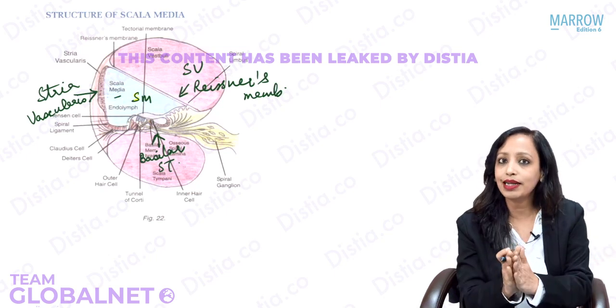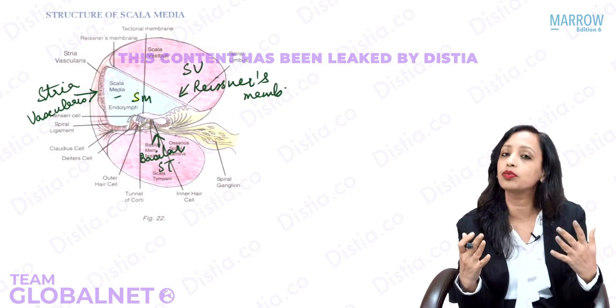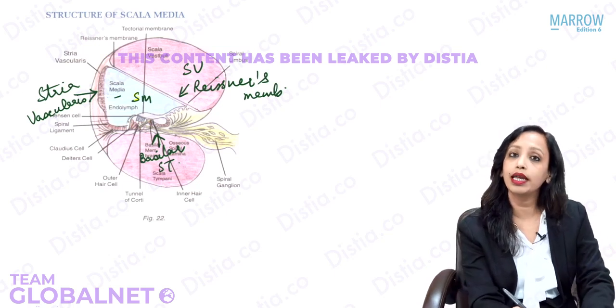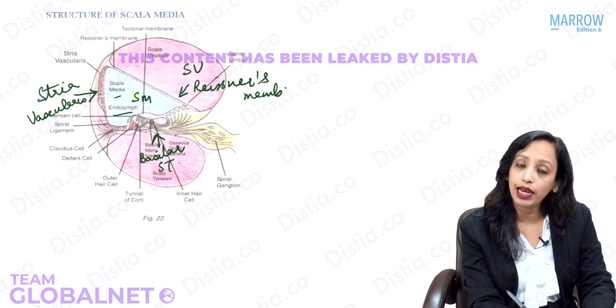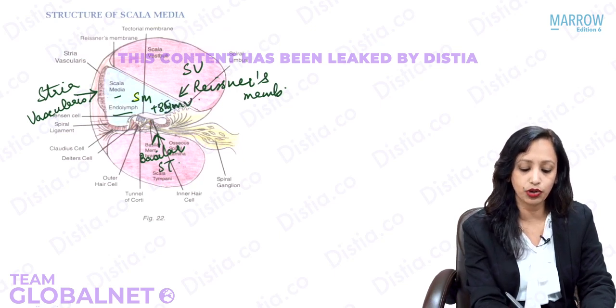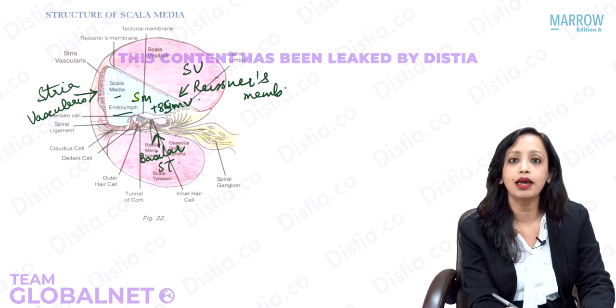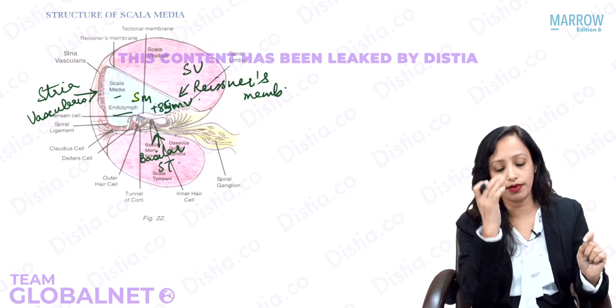The fluid inside it is what is known as endolymph and the fluid outside where it bathes in is the perilymph. Endolymph has the electrochemical gradient of plus 85 millivolt, and this electrochemical gradient is maintained by the sodium potassium 2 chloride channels of stria vascularis.